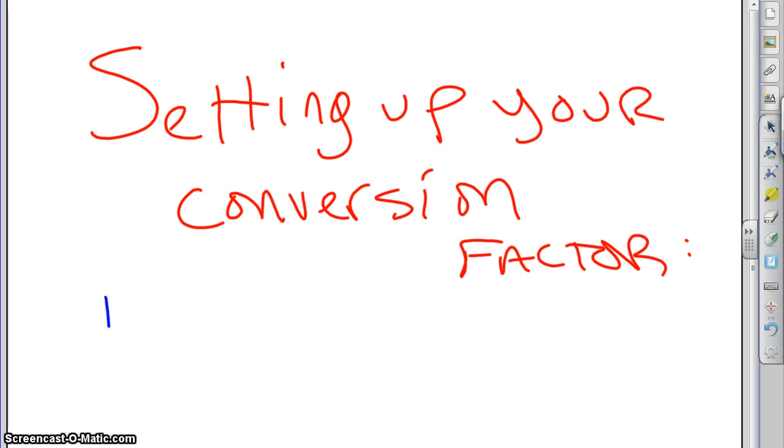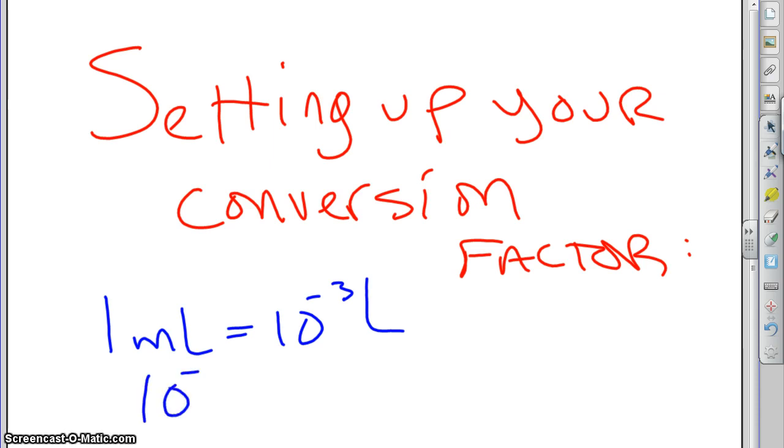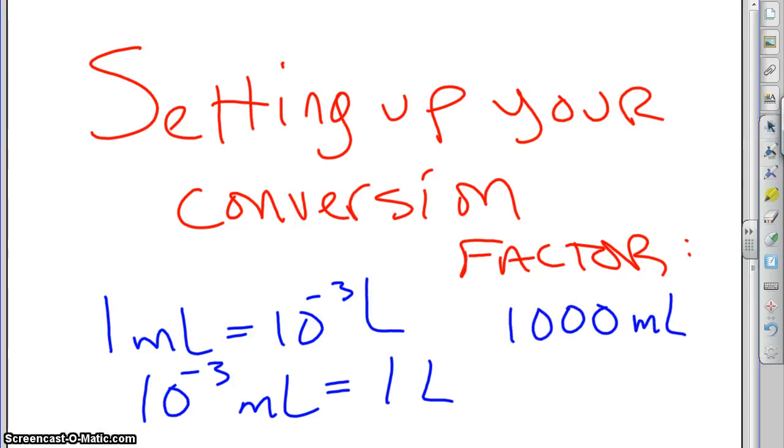You could say 1 milliliter is 10 to the negative third liters, or you can say 10 to the negative third milliliters is 1 liter. One of those is right and one of them is wrong. Now, it's also true that there are 1,000 milliliters in 1 liter.